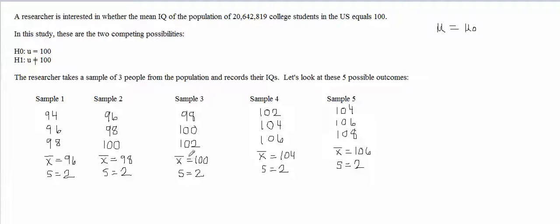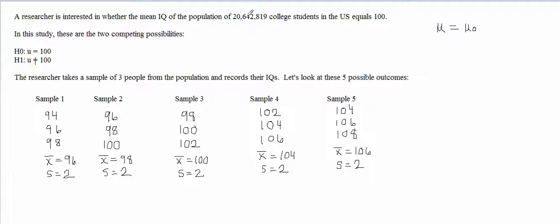If your sample mean is 100 and the unknown population mean is also 100, then that's when the null is true. And if your sample mean turns out to be 104, if you get this data set, the null might still be true, because if the mean of your recruited sample is 104, and the unknown population mean up here is actually 100, then the null is true, even though your sample mean was not 100.